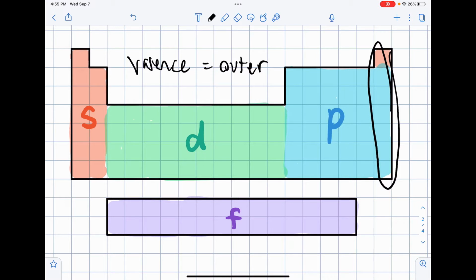And they're noble because everybody wants to be like them and have a full valence shell. So that's one way to categorize things, S, P, D, and F, and this way also explains why things repeat themselves in the periodic table. It's because all of the elements in the same group have the same valence or outer shell electrons.